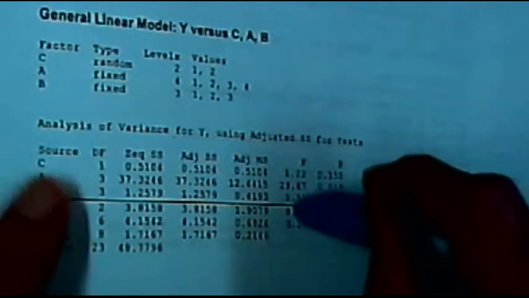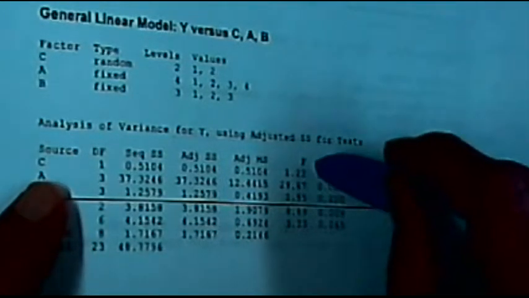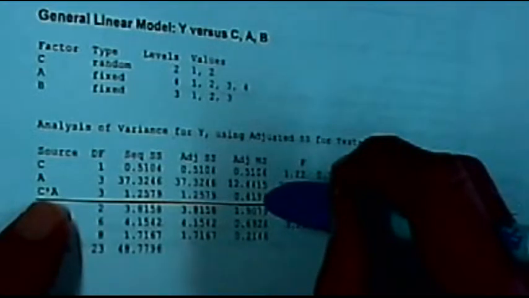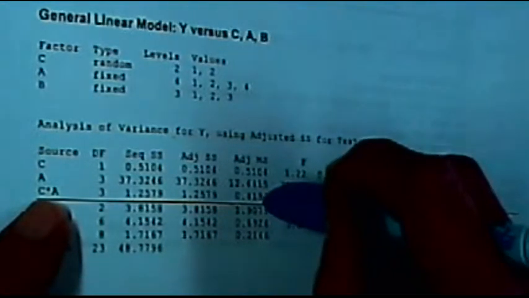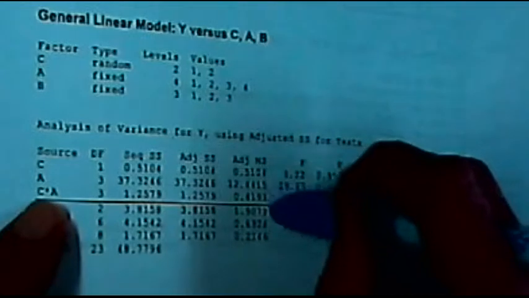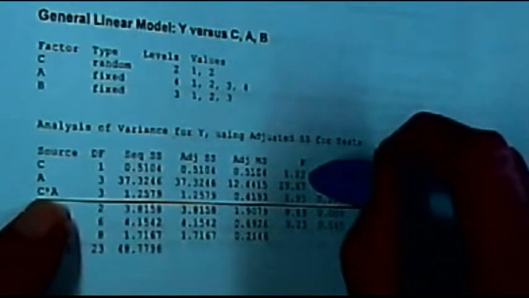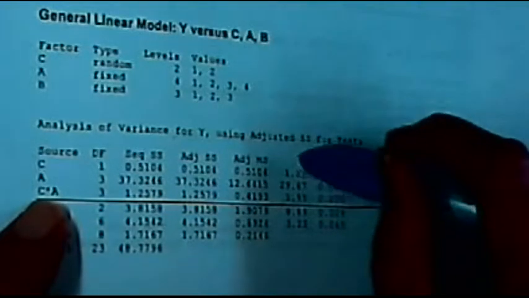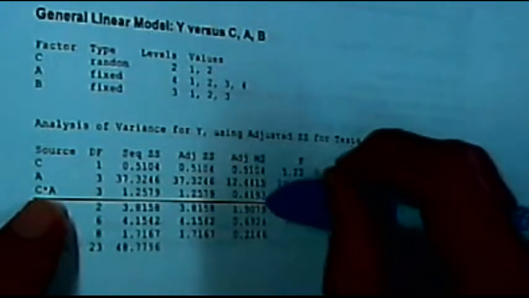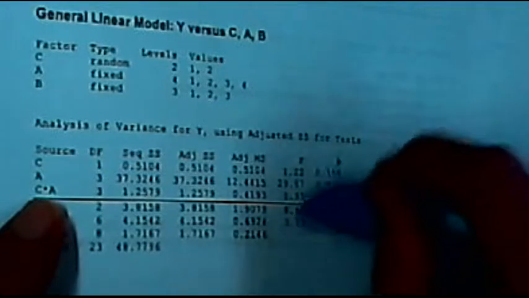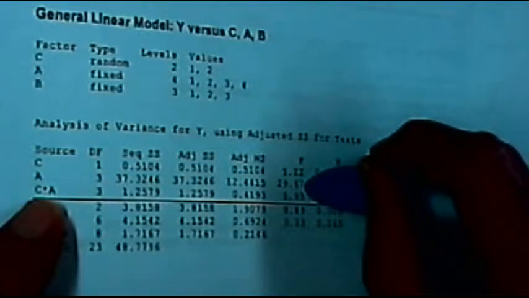Now for the other F test, the proper denominator is the CA interaction, 0.4. So the top one, 0.5 divided by 0.4, is 1.2, that's about right, and so that's the F.